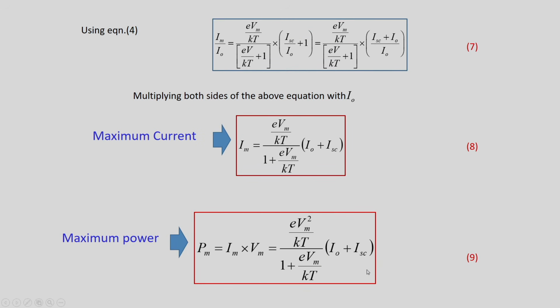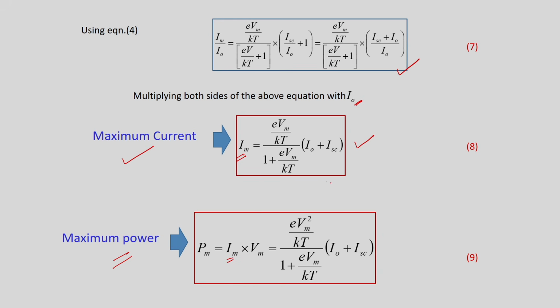Let us continue with the next slides. By using equation 4, we have this kind of expression, and if we multiply both sides of this equation with I naught, then we have the maximum current. The expression for maximum current is something like this. Once we know Im, we can calculate the maximum power, which is nothing but the multiplication of Im into Vm.